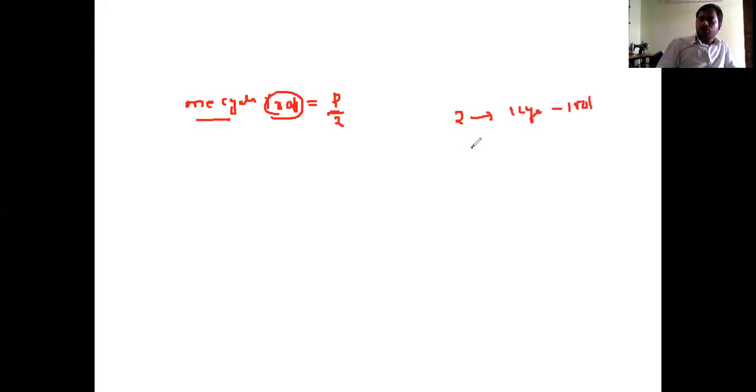For 4 poles, 2 cycles per revolution. For 6 poles, 3 cycles per one revolution. Cycles per revolution is equal to P by 2.